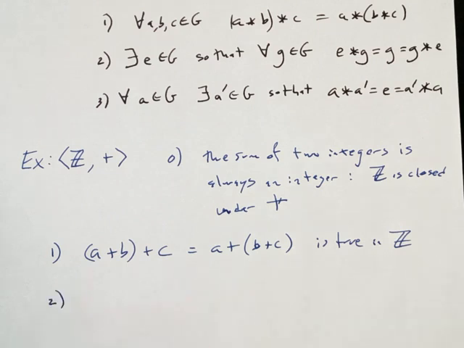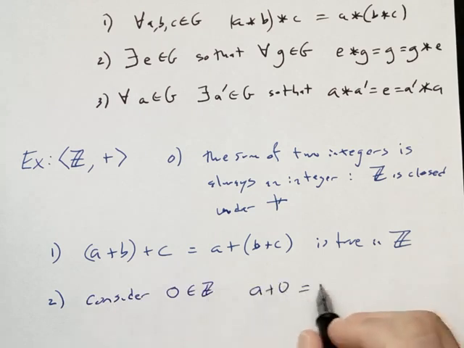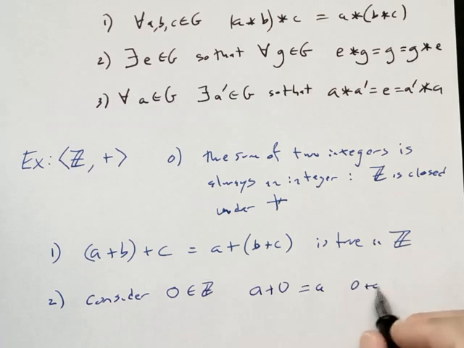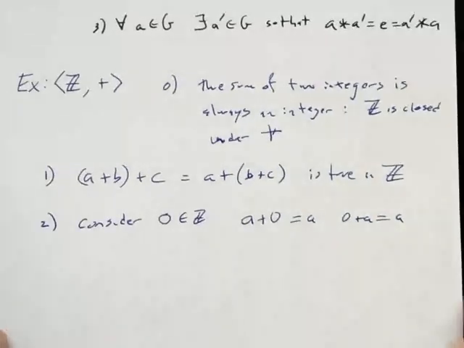That's property 2. Do we have an identity? You got 0. Yeah. Consider the integer 0. Adding 0 to any integer leaves the same value.